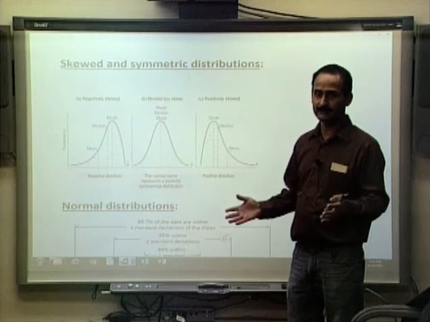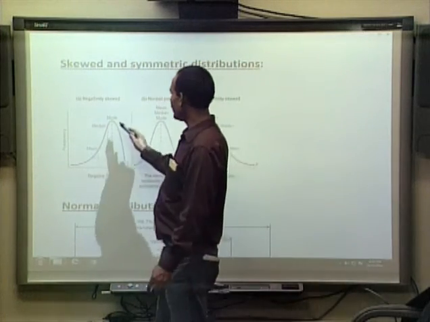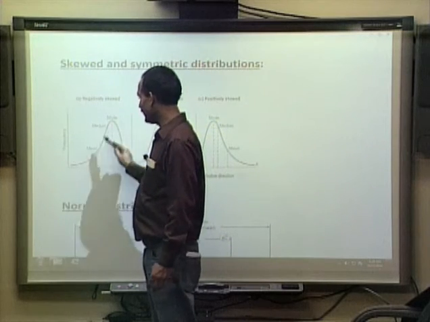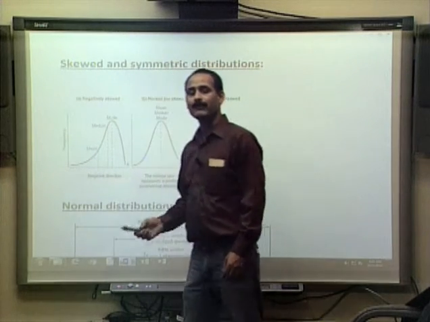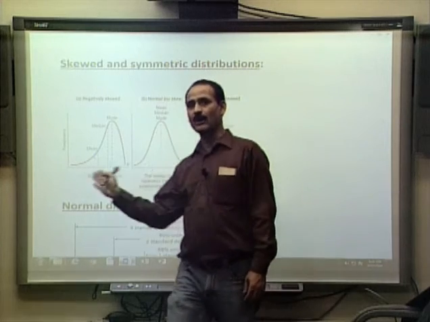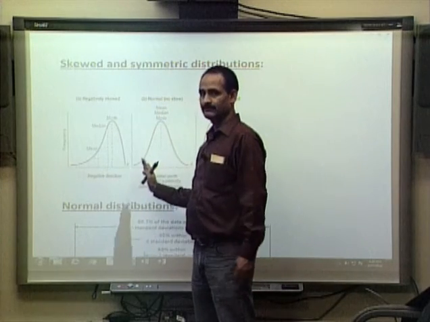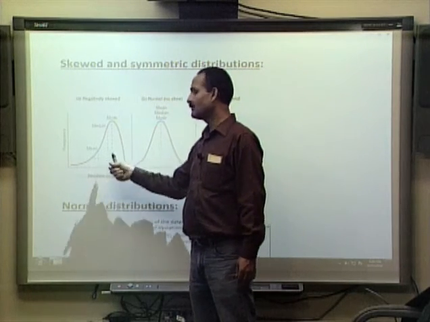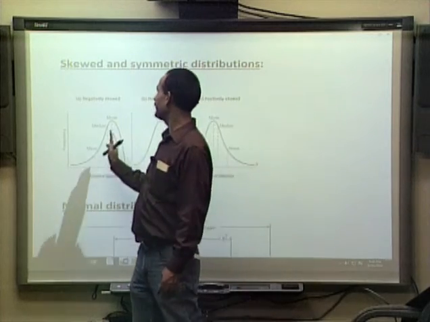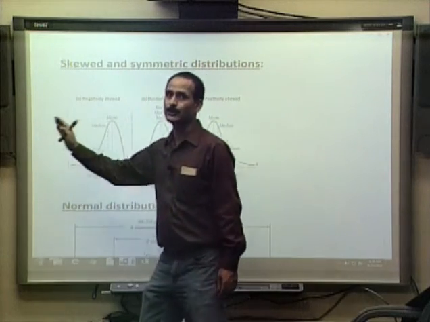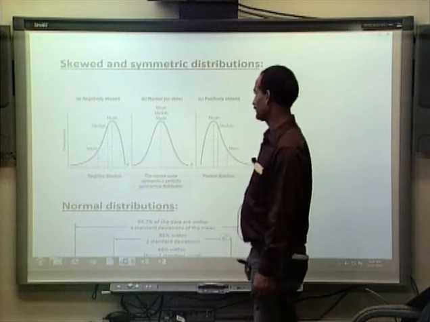Now if we find a graph where the lower side is longer than the upper side, this is called left skewed or negatively skewed distribution.